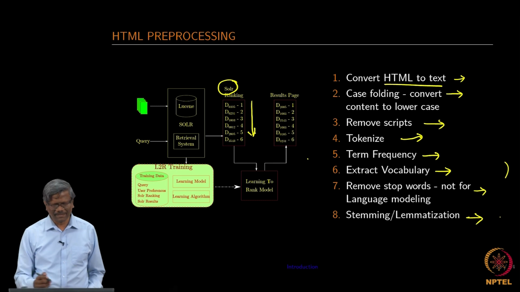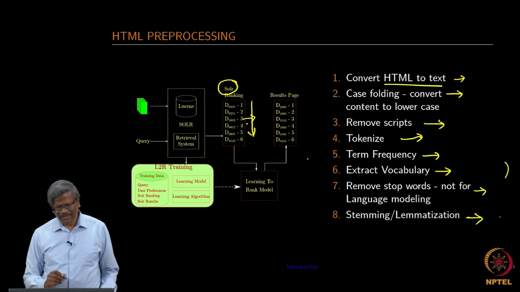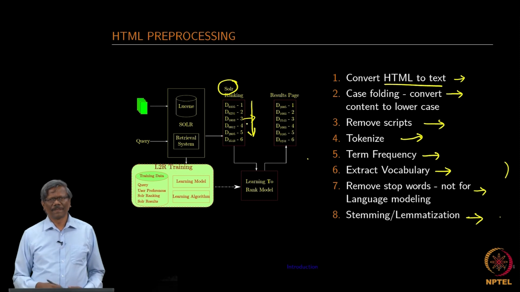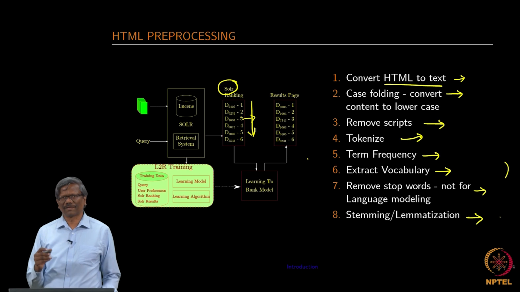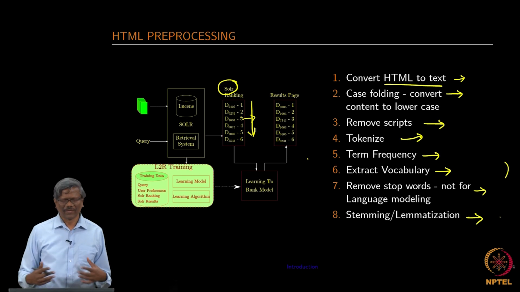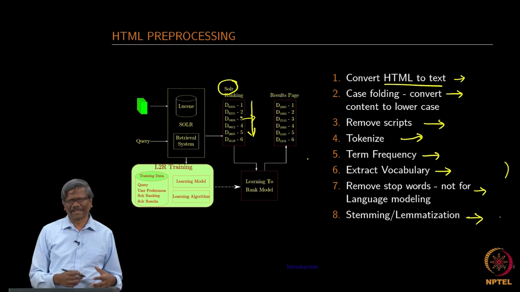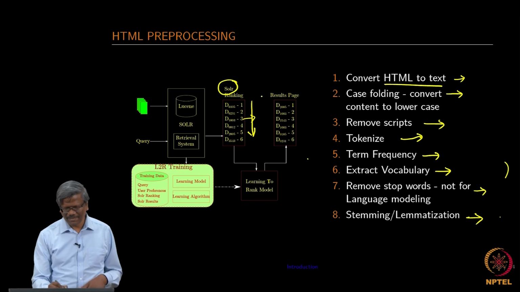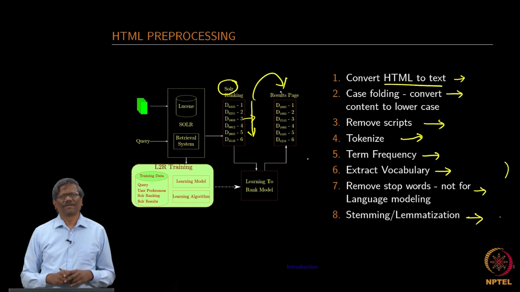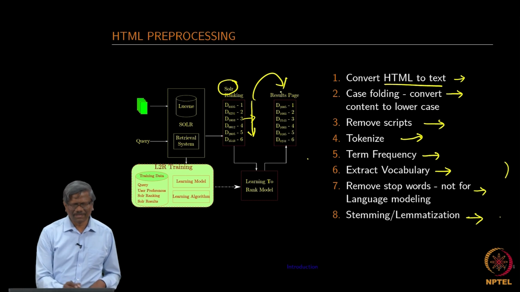User may think that the document that is third in this list could be the most important one. So, he would have clicked, or she would have clicked this several times during the search process. So, the machine should be able to read, understand the user intent as well, and then include that as part of the ranking, and then create a modified ranking. So, that is what we call the learn to rank process.